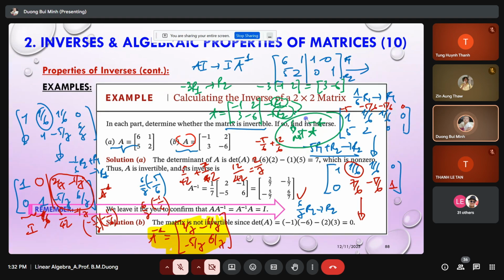It's not good, and then you cannot find the inverse of A. So this is a tip for you. Later on we have some properties talking about that. But you can remember that if there is linear dependence among some rows or some columns of the matrix A, we can conclude directly that we cannot find the inverse of A.